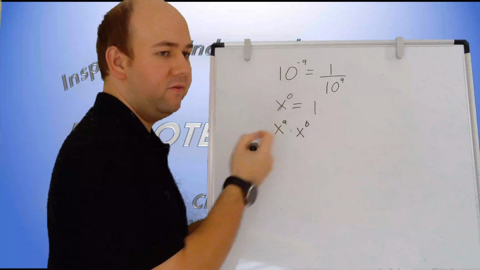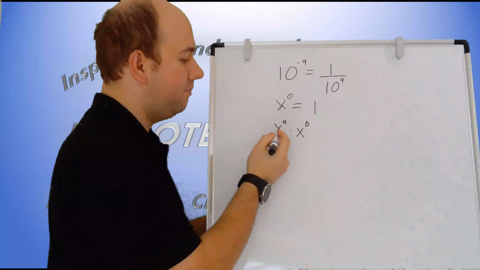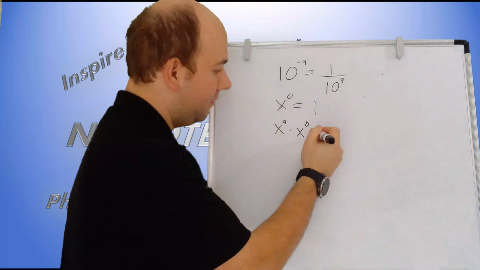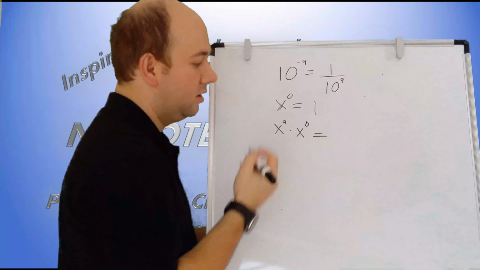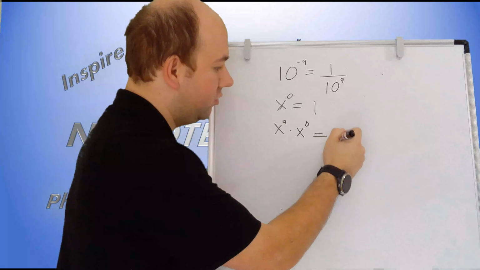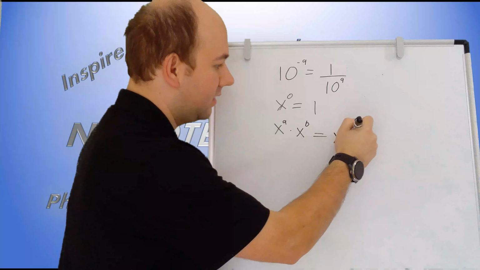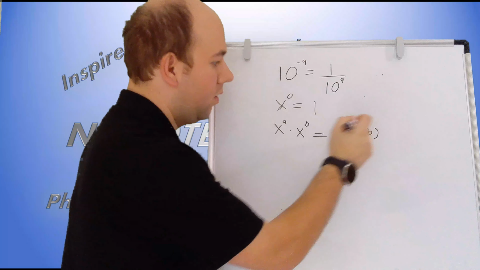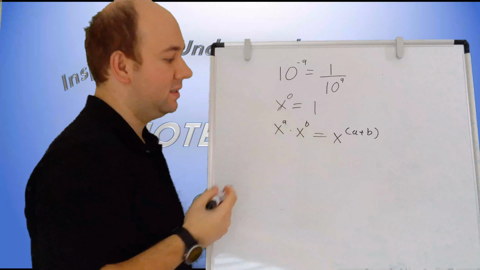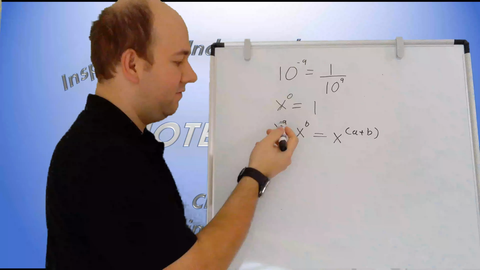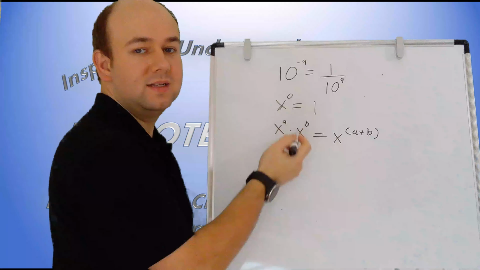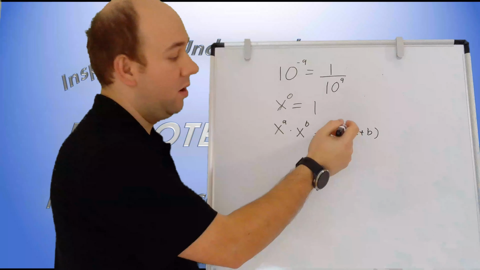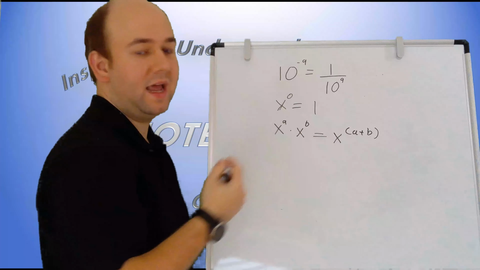For multiplication of exponents, the base, in this case x, always has to be the same. This comes out to a rule where you add the exponents together. So if this was x to the 1 times x to the 2, you do x to the power 1 plus 2, which is 3, so it's x to the 3.